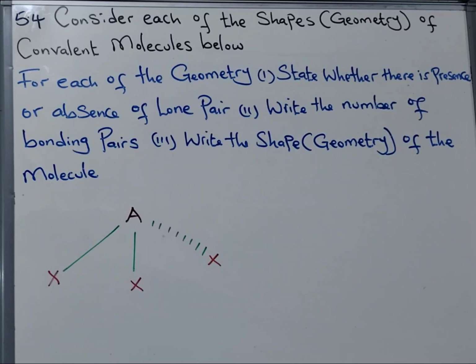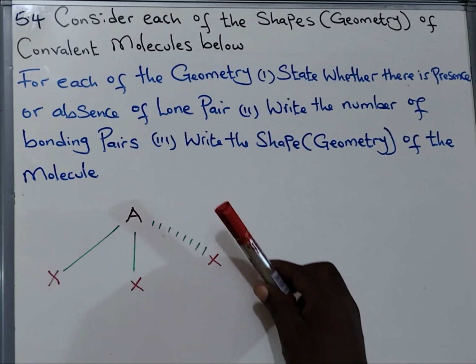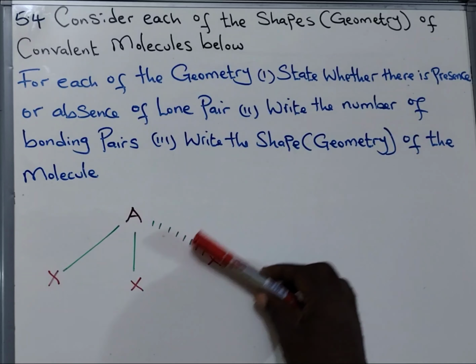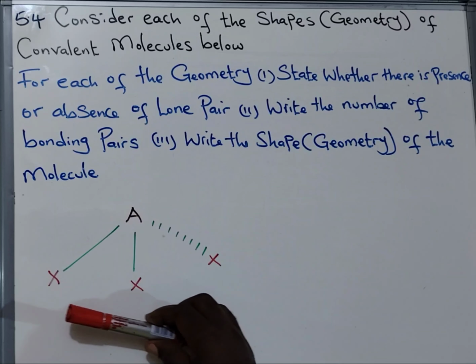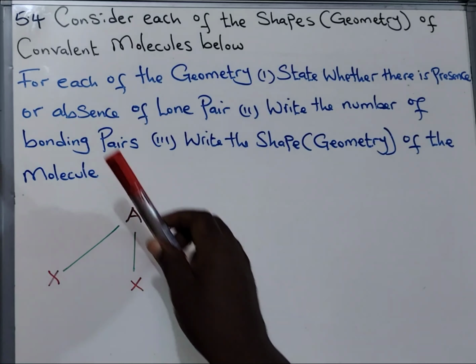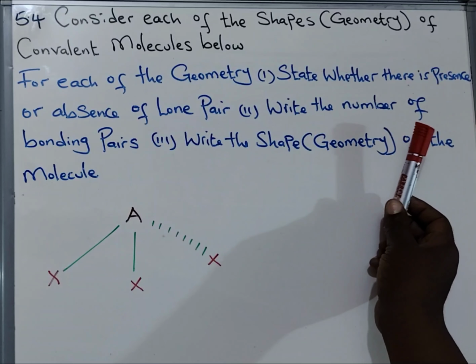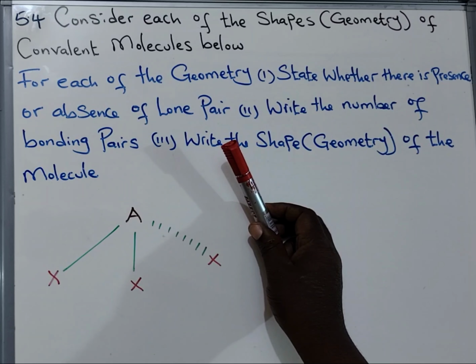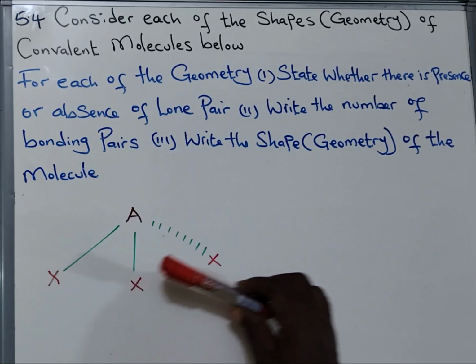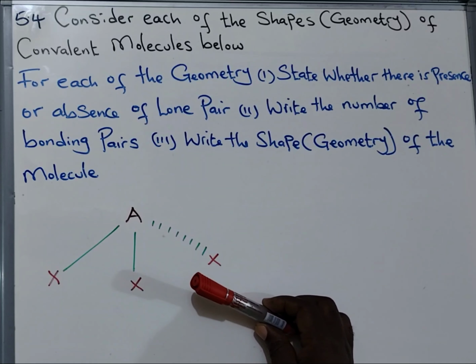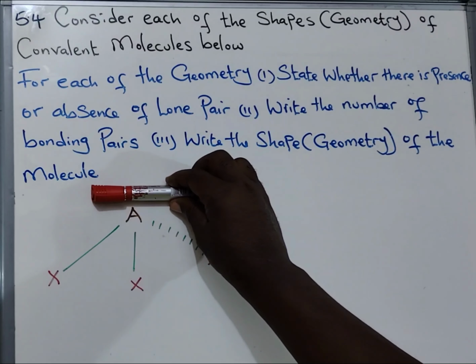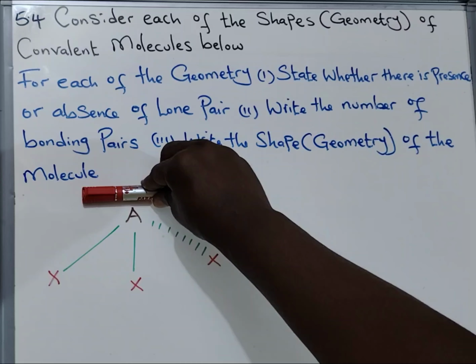Yeah, so then comes this molecule. Okay, and we are seeing the bonding pairs being distributed around. And the question says that for each of the geometry, state whether there is presence or absence of lone pair. Okay, the way these bonding pairs are distributed, our assumption is that there is something pushing it, which is here.